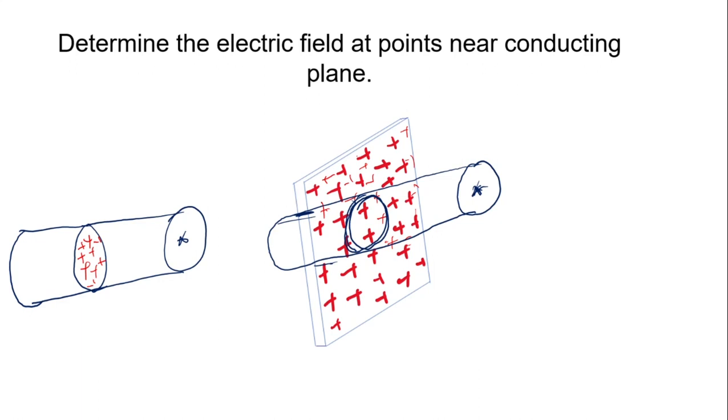Now we need to find the electric flux of this Gaussian cylinder. First we need to know how many areas we have, the electric field directions, and then the flux in each area. So the total flux will allow us to find the electric field. This area, I call it 1. This lateral area on this side, I call it 2.